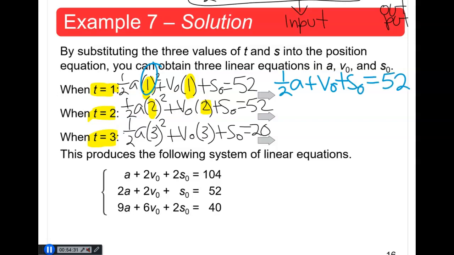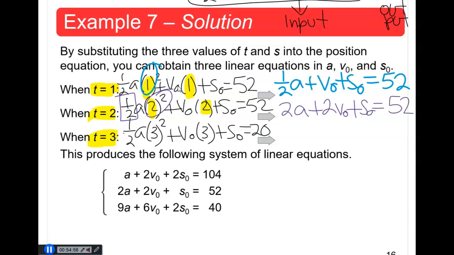Okay, our next equation: 2 squared is a 4, and 4 times 1/2 is like 4 divided by 2, so it's going to be a 2. So 2a plus 2v sub 0, and then plus s sub 0 equals 52 as well.